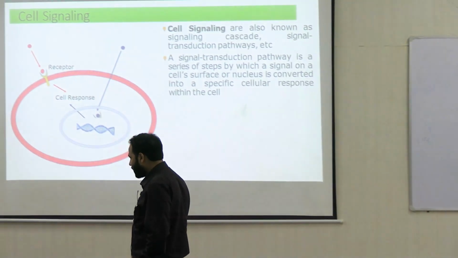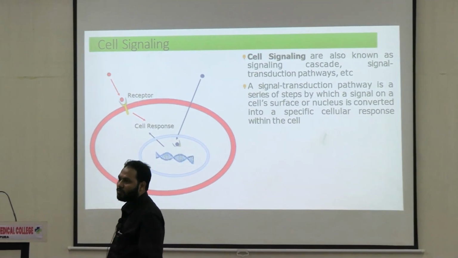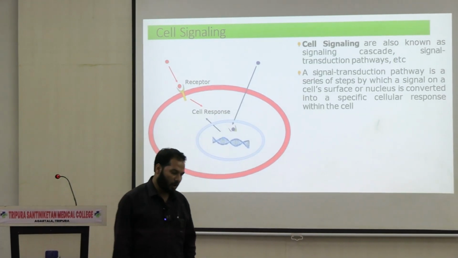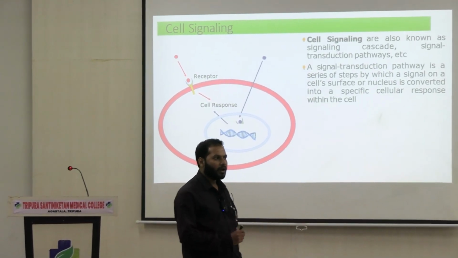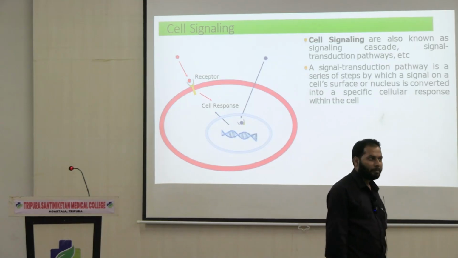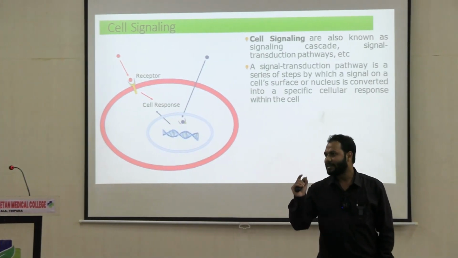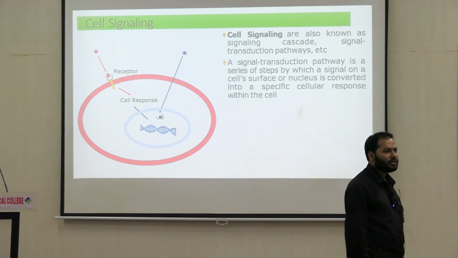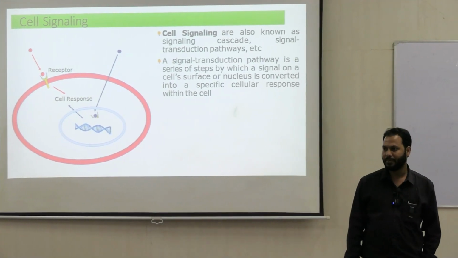Now see, what is cell signaling? Why is this cell signaling important? We have already got a little idea, but although the term is very simple, the signaling mechanism is very, very complex, right?